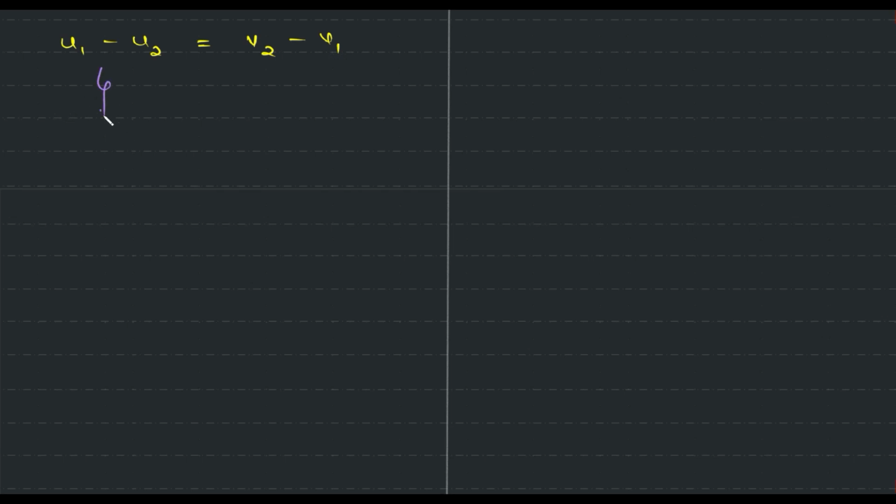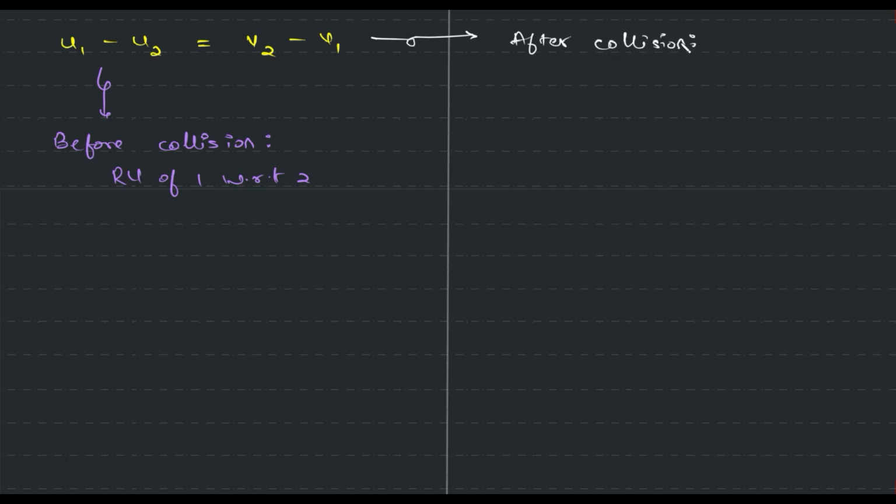So basically this is telling the relative velocity of 1 with respect to 2 before collision, and this talks about the relative velocity of 2 with respect to 1 after collision, that they are equal.